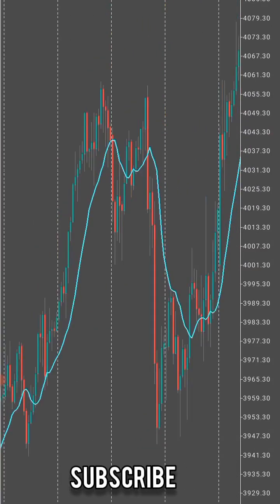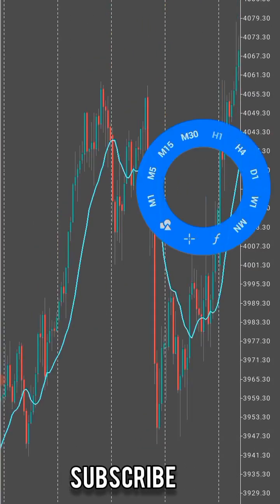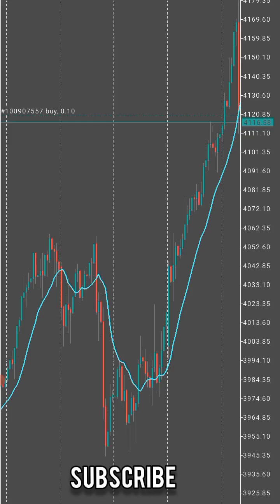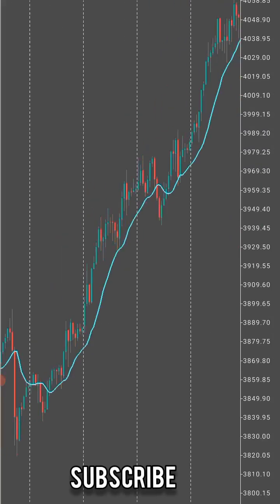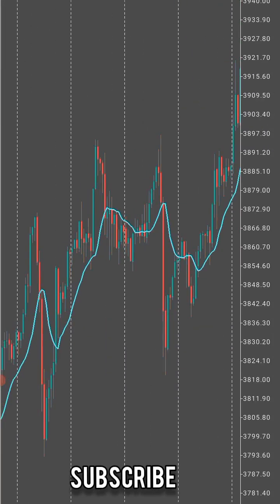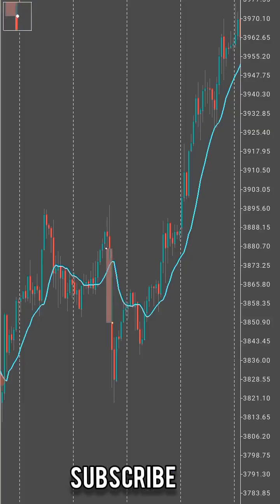Okay, look at this now. That is where institutions have supplied the fund. That is why I said it understands only demand and supply and respects support and resistance areas.